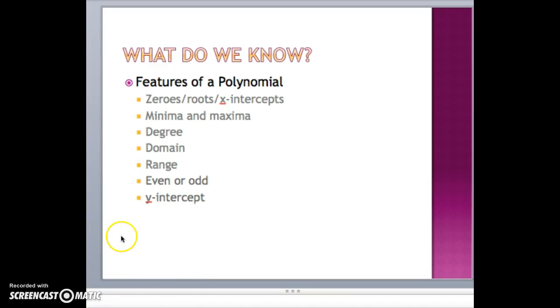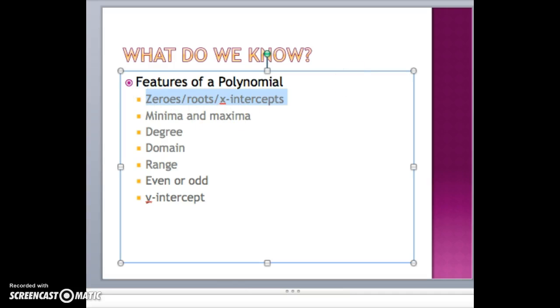So one thing you're probably asking yourself is, well, that's a lot to remember. What if I don't know? That's okay. What we're going to talk about now are the things that you absolutely must have. This is a comprehensive list of everything you should have, but what we need to zero in on are the zeros, the roots, the x-intercepts. That's the number one important thing that we'll need.